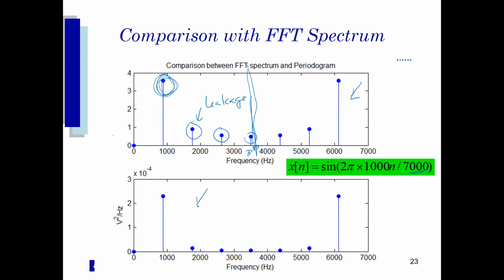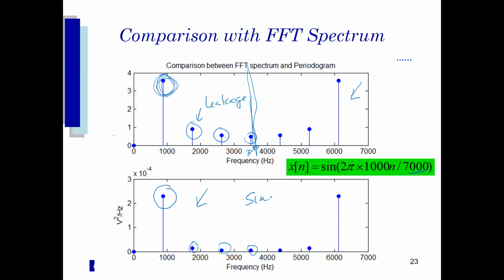Notice what is happening. The power spectral density is giving me a single frequency component that has high power, and everybody else virtually negligible.